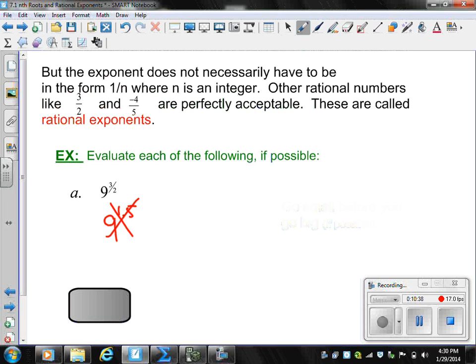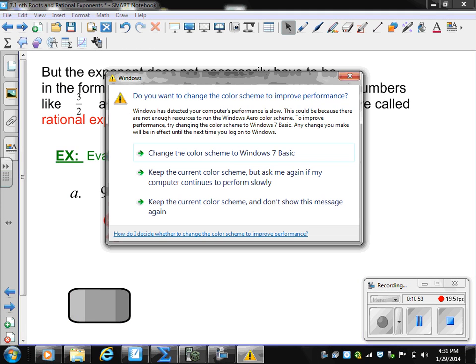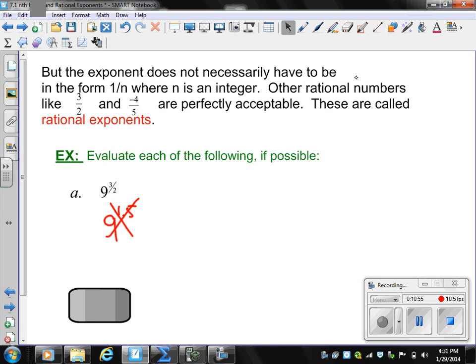So what I can do is write this as the square root of 9, and then I'm going to cube it. I can write it like that. Or I can also write it as 9 cubed and then square root it.